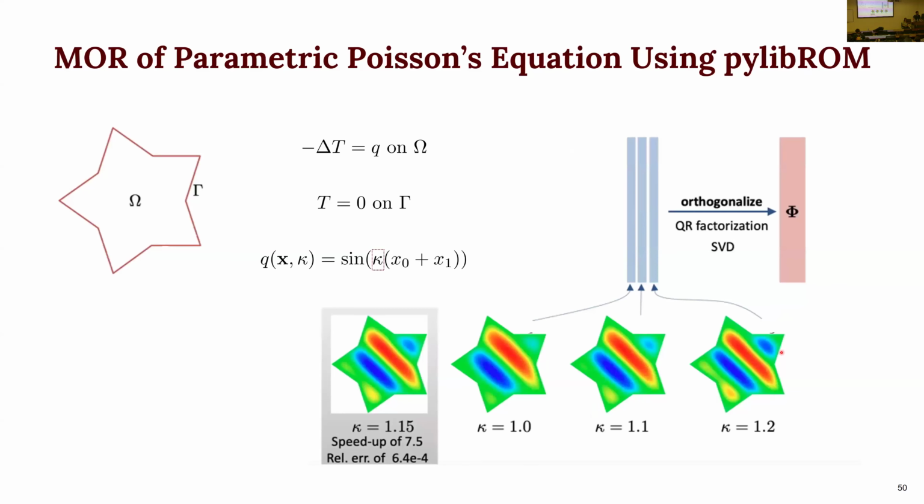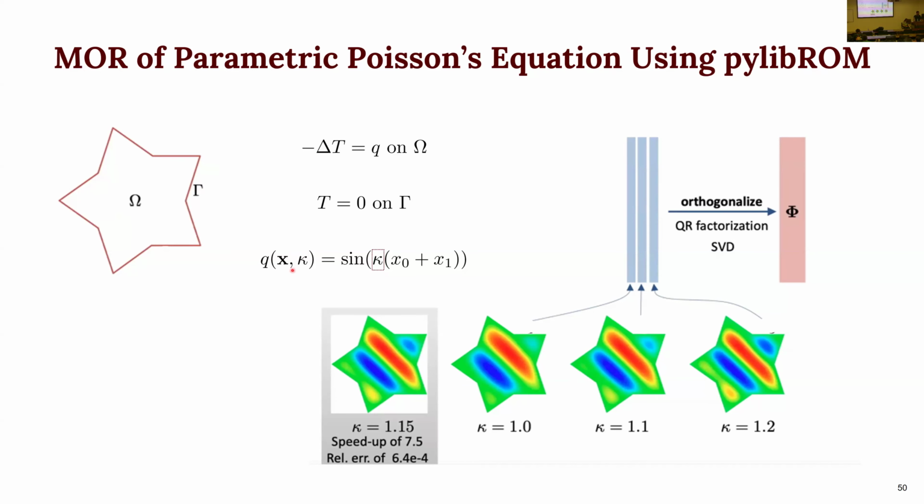Okay, so now let's look at a very specific problem. Here we are gonna look at the heat conduction problem. We have this star-shaped domain, and at the boundary it's basically a homogeneous boundary condition. So at the boundary, the temperature is 0, and the flux density is Q, and it's a function of kappa.